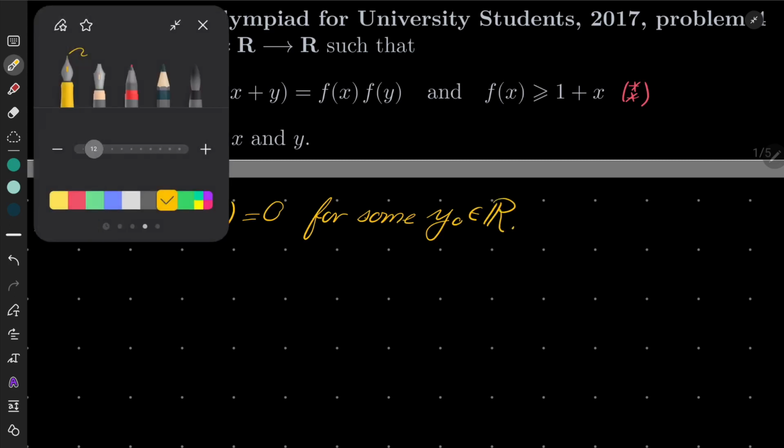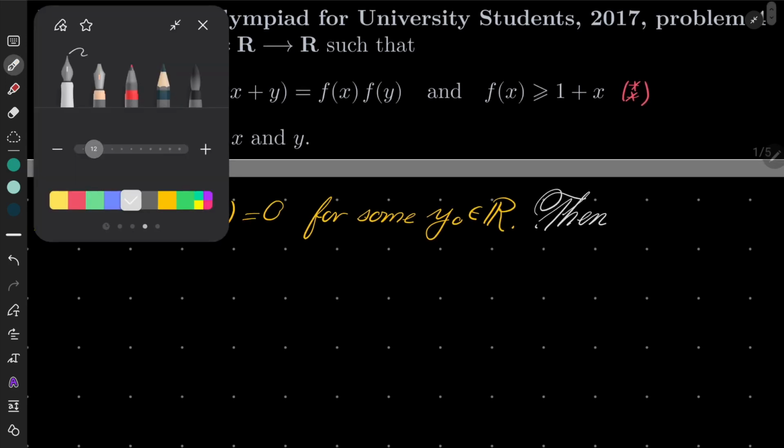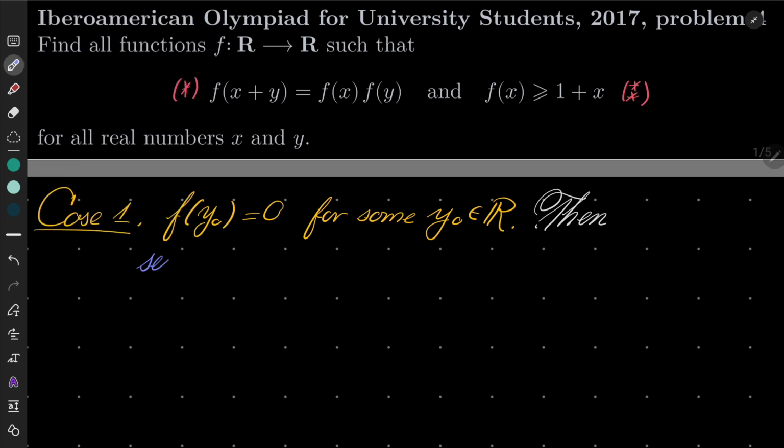What happens then? Let's set x to be really any value and let y be equal to y0.